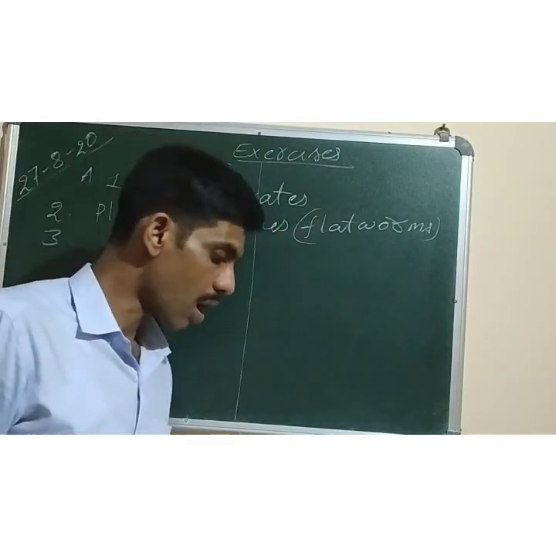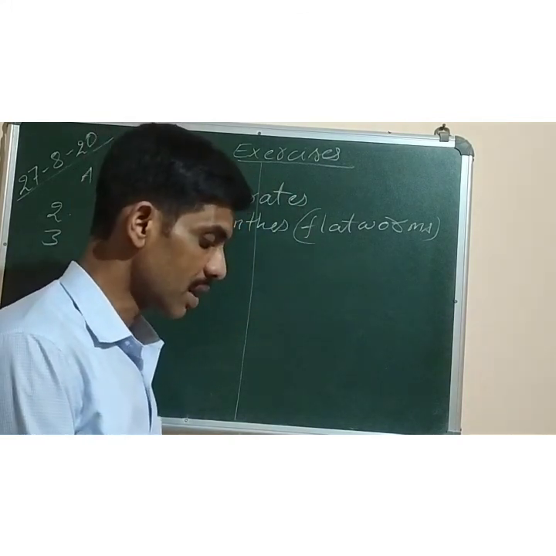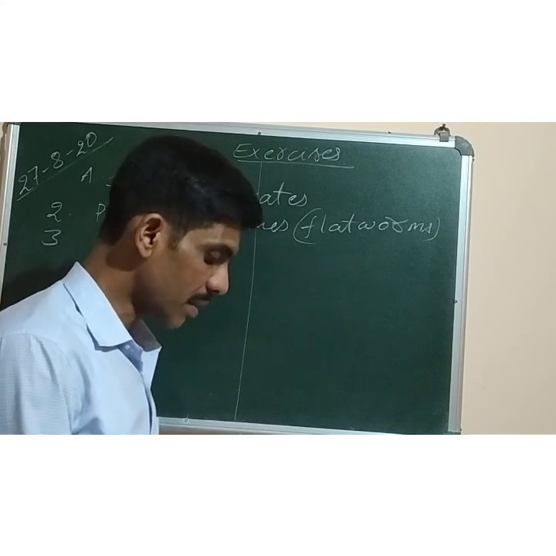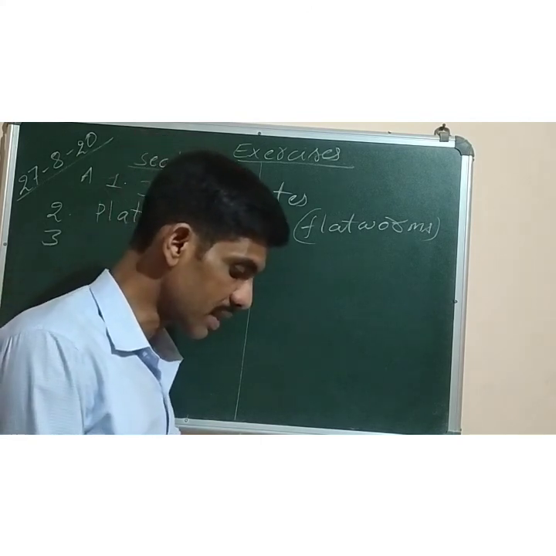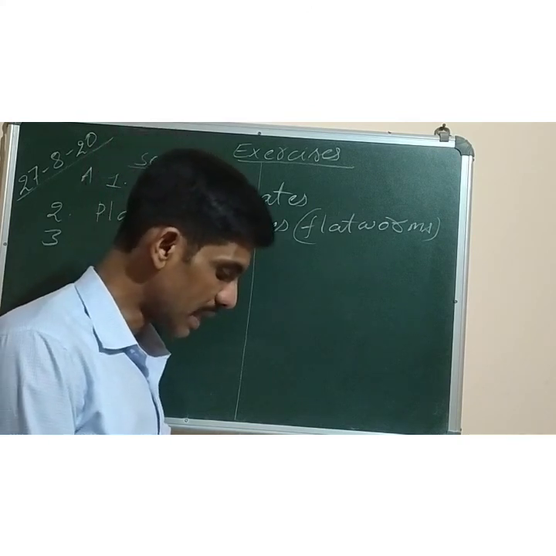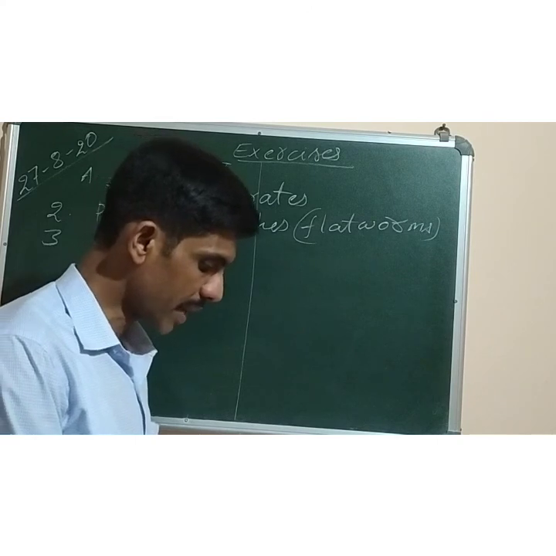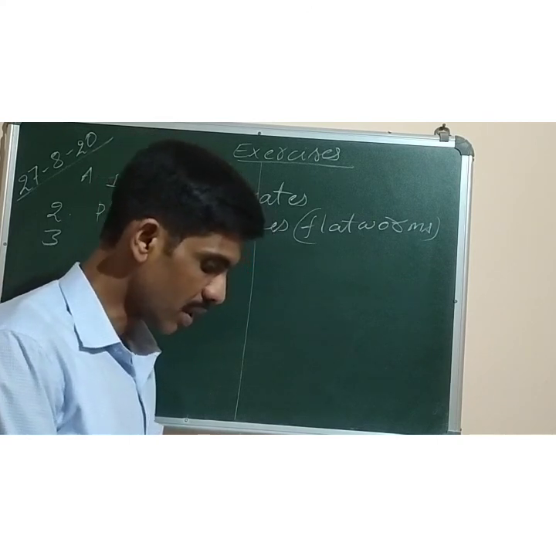Number 3, organisms having hard exoskeleton made of chitin. Just now we had studied that their body is made up of a hard exoskeleton which is made up of chitin, and the correct answer to that is what we studied just now. Today only we had done, no?